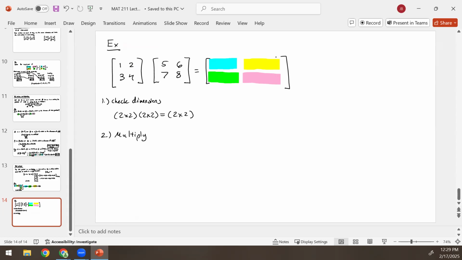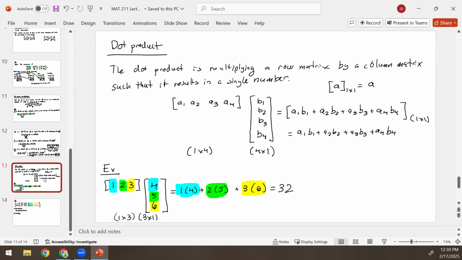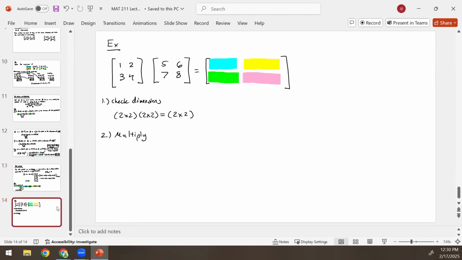So my question to you is, what row and what column do I need to multiply using the dot product, or using this idea right here of taking a row times a column to make a single number? I need to do that here now, okay? So then ask yourself this question. If this is row 1, column 1, this is row 1, column 2, this is row 2, column 1, and row 2, column 2, right?